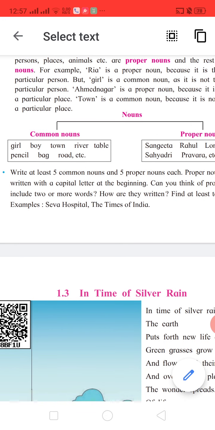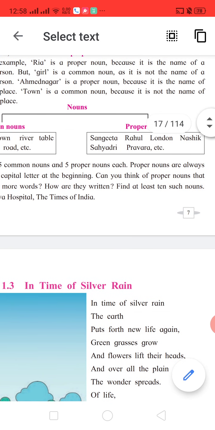Now you have to find out at least 5 common nouns and 5 proper nouns from the textbook and write them down. And now children, one very important thing, proper nouns are always written with capital letters. Their first letters are always capital.